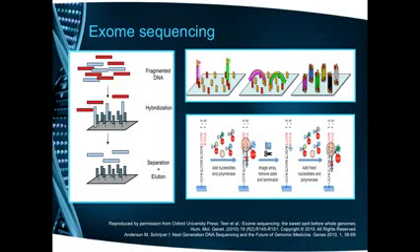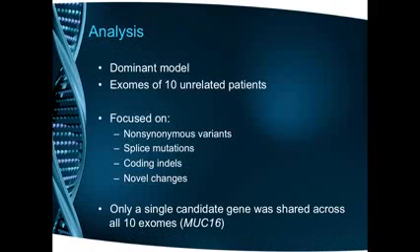I know that this was covered in another lecture. So this group worked under the assumption of a dominant model, and they had exomes of 10 unrelated patients. Seven were European, 2 were Hispanic, and there was 1 of mixed European Haitian descent. They focused, of course, on rare variants because this was not expected to be something common.